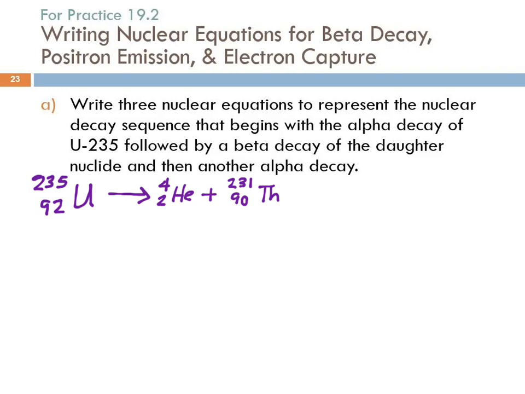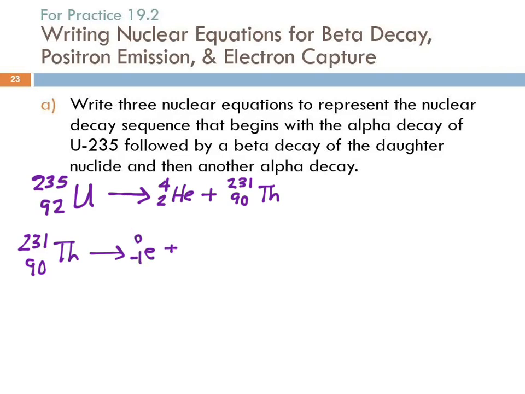And then it wants us to look at the beta decay of this daughter. I'm going to write it as a separate equation. 231, 90, thorium. Beta decay, what's the beta particle? Electron. So this is 0 and minus 1.